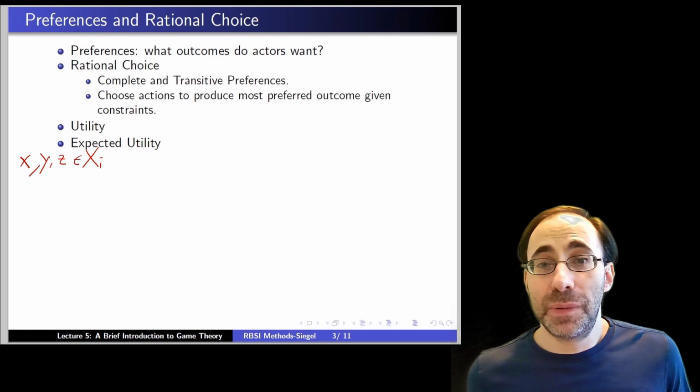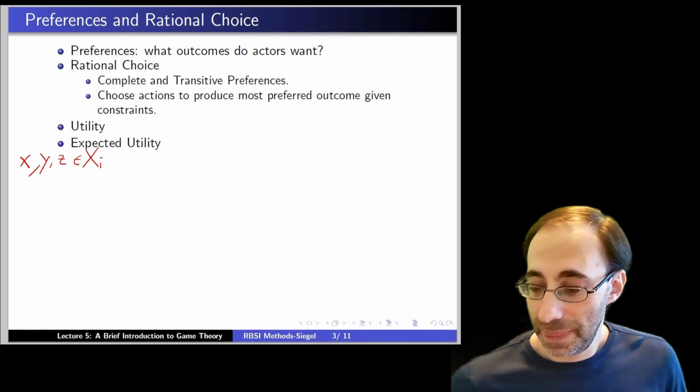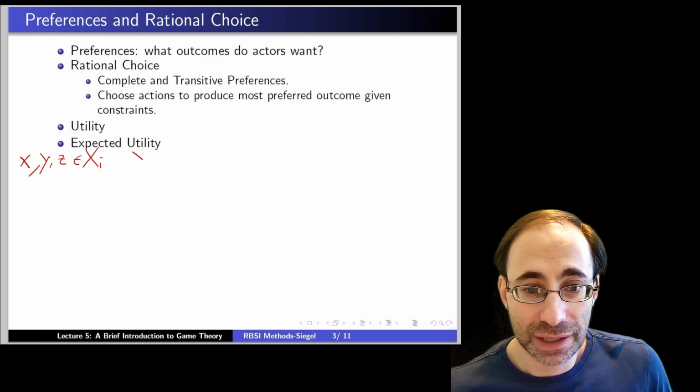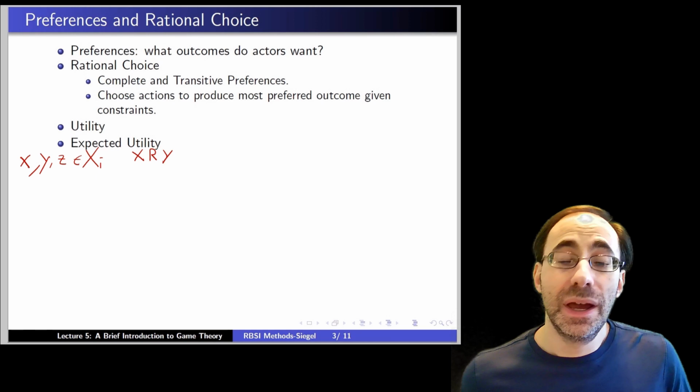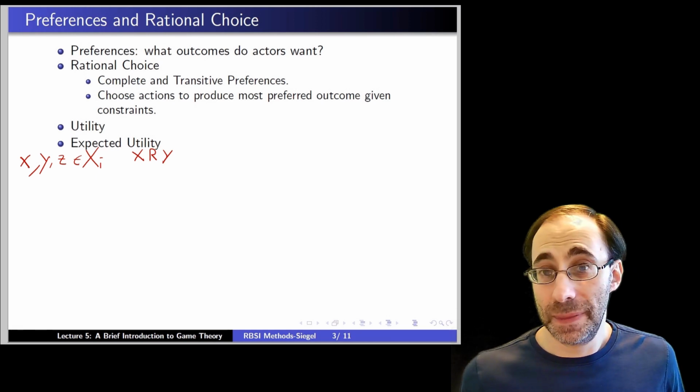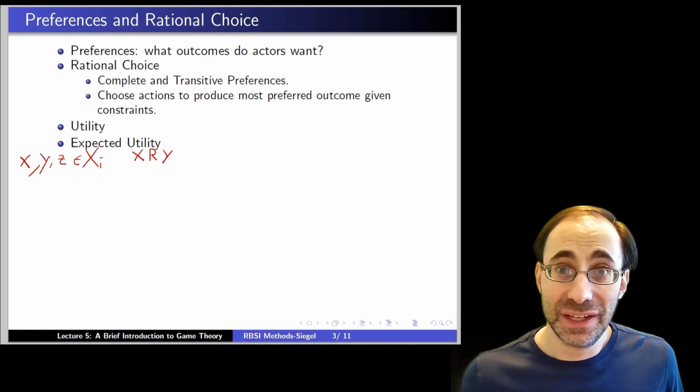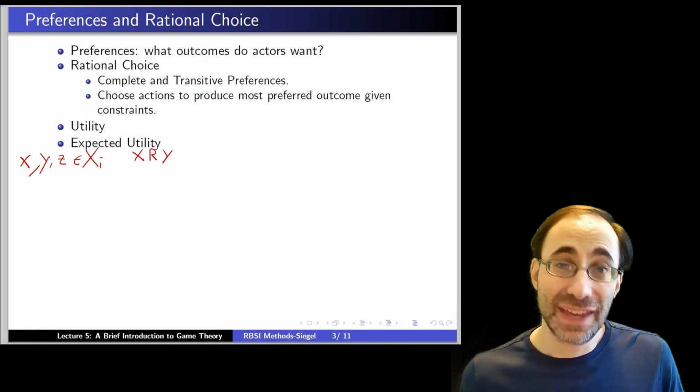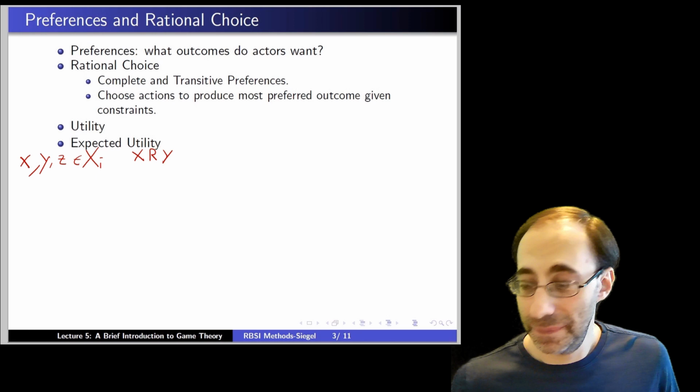What does it mean to prefer one outcome to another? Well, we can write x R y, which is read x is at least as good as y. So I like x at least as good as y. Or I like x at least as much as I like y.